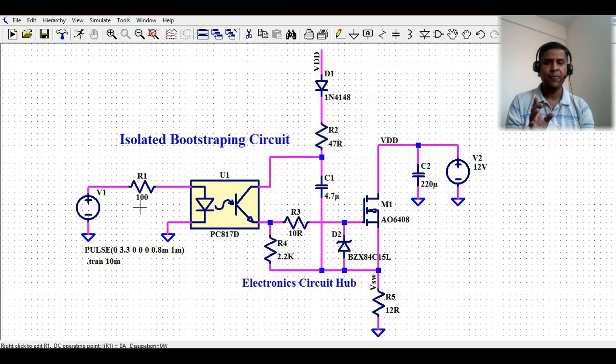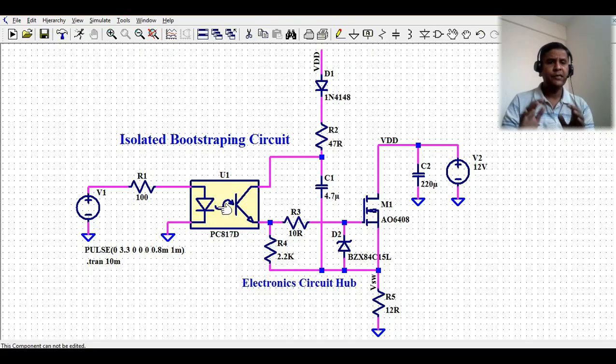Now I have used a small series dropping resistor, 100 ohm, to limit the photodiode current. I did not calculate the current value; I just randomly placed R1, which is 100 ohm, and then this is the PC817 optocoupler. Why do I require the optocoupler?